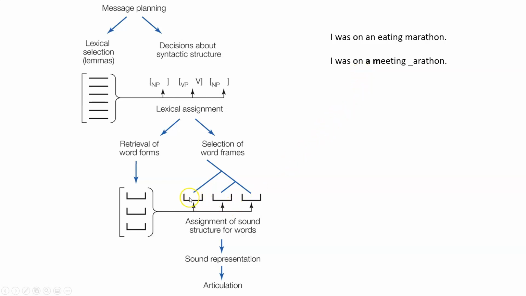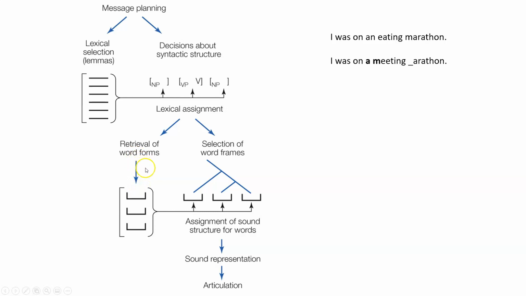So you can see that at this stage here, this is where the particular articles a and an will be chosen, which means that even though you would think that the M being mislocated would be a sound representation stage, like in the articulation, somewhere around here, it actually had to have occurred far earlier, like somewhere in the retrieval of word forms stage, or in the lexical assignment stage, somewhere up above that.